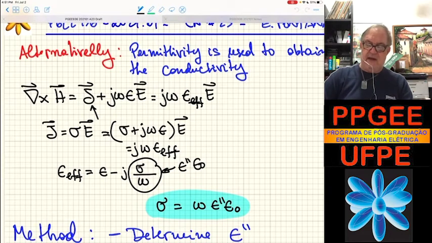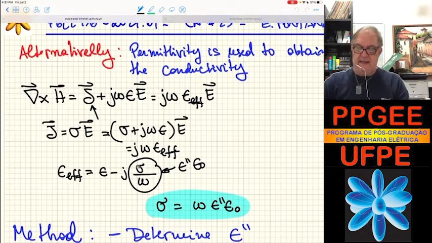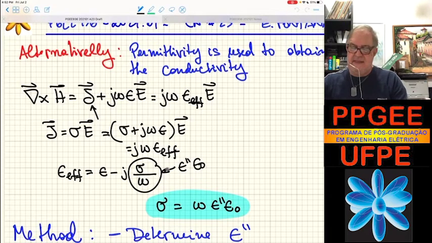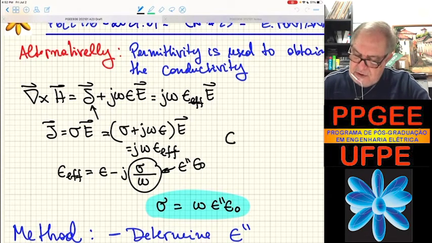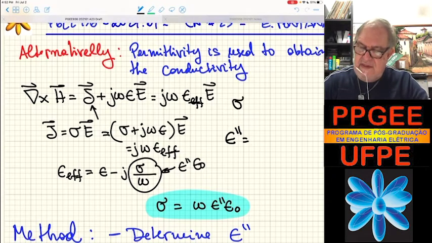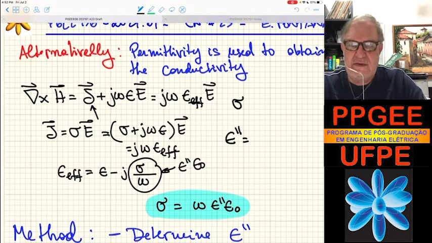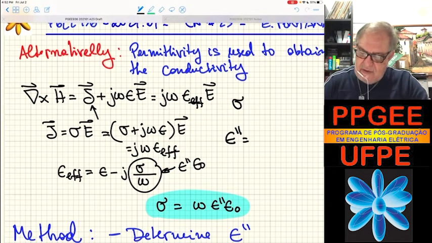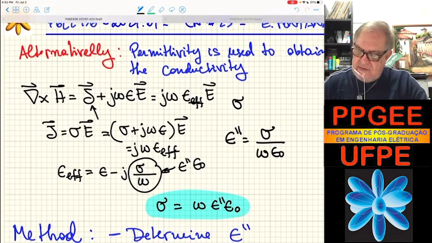So if the material has a conductivity sigma, it's the same as if it had a relative permittivity imaginary part epsilon 2 prime, right? So a material that has a conductivity sigma is equivalent to a material having an imaginary part of the relative permittivity equal to sigma divided by omega epsilon 0, right?